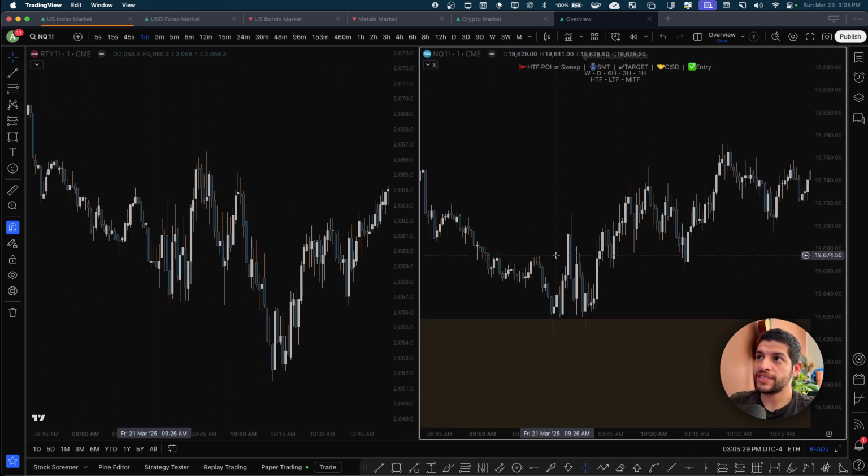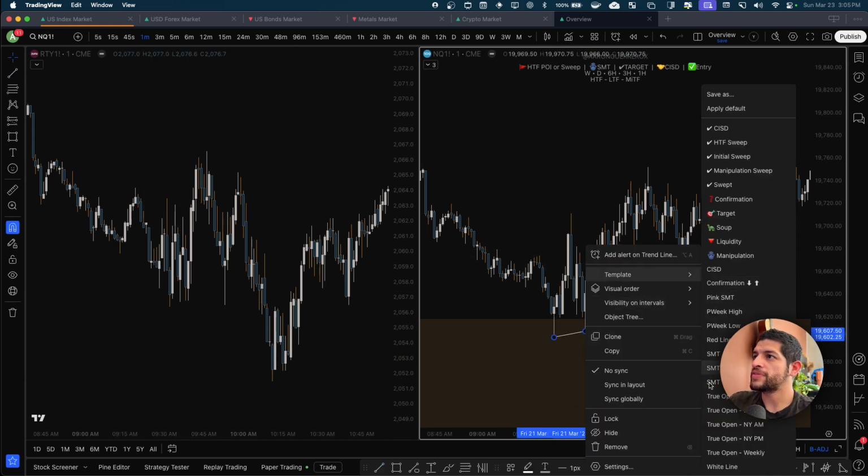First, you need to figure out where you can find SMT. Now that we know what SMT is, it's just divergence between correlated assets, we can look for that manipulation leg. We know there is SMT here. We know for a fact, we've found it, we've seen it.